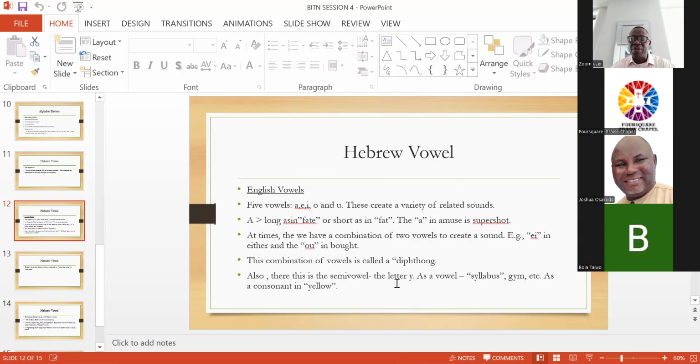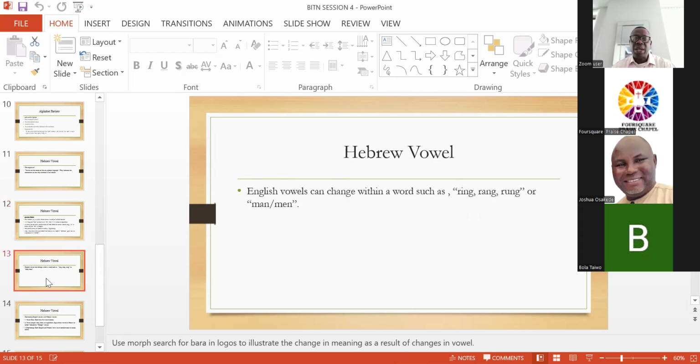Also, there's the semi-vowel, the Y, as a vowel in syllables, in gene, etc. But when it comes in a word like yellow, yod or Y functions as a consonant, okay? Now, English vowels can change within a word, such as ring, rang, rung, or man, men. You see, the changes in all these words have to do with the vowels. And that's normal with English.